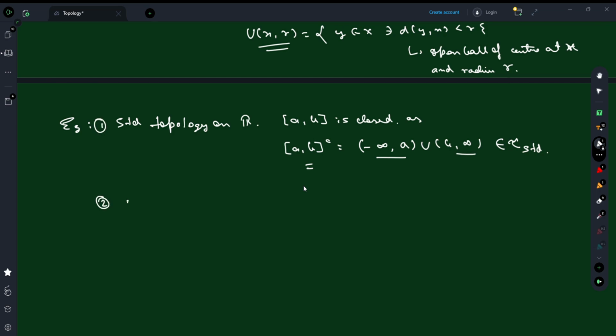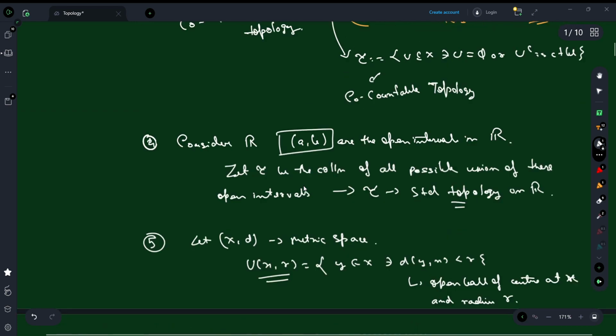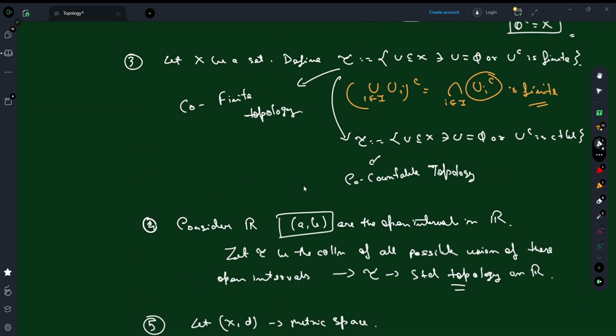Number 2, we had discussed what we call the cofinite topology, the finite complement topology. Observe what happens. What is the definition of a closed set? A subset A of X is closed if and only if its complement is in tau. And we know how a cofinite topology is defined: it's the collection of all non-empty subsets whose complement is finite.